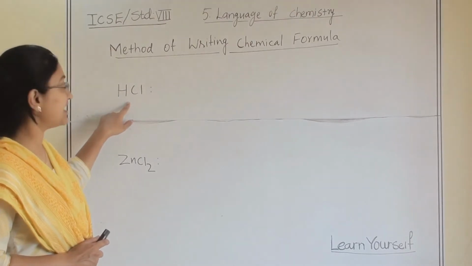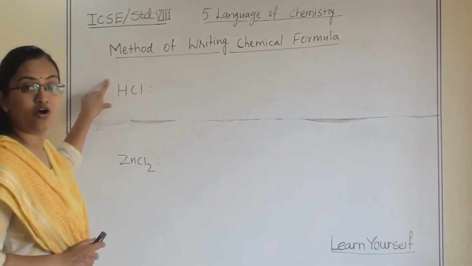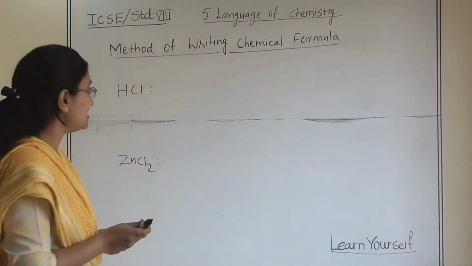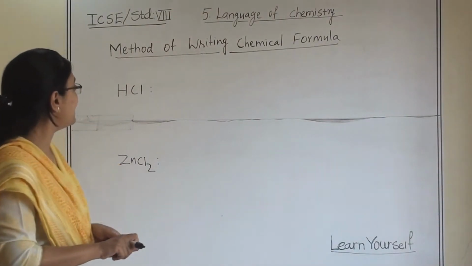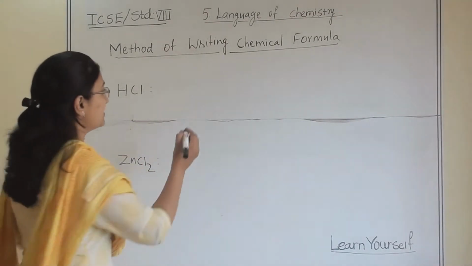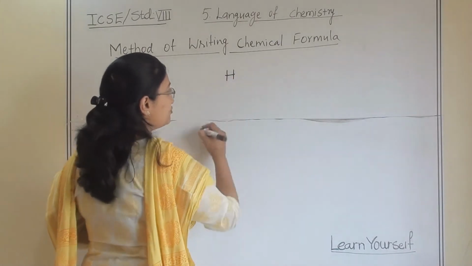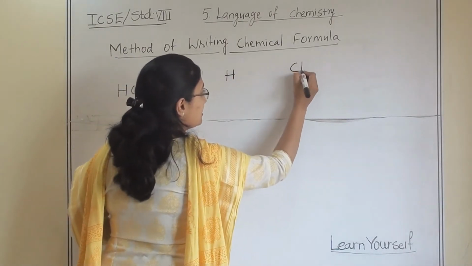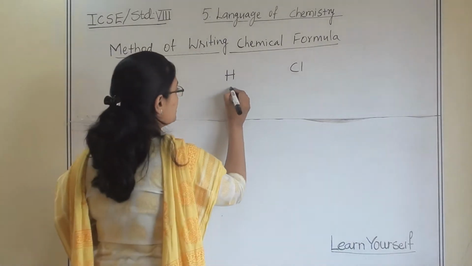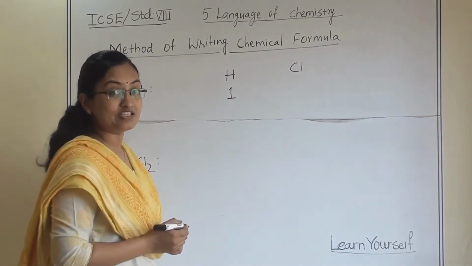So when we are writing a molecular formula of hydrogen chloride, how are we writing it? First, we know that the molecular formula is HCl, but how has it come? Then let us write first hydrogen and let us write chlorine. What is the valency of hydrogen? It is 1. What is the valency of chlorine?